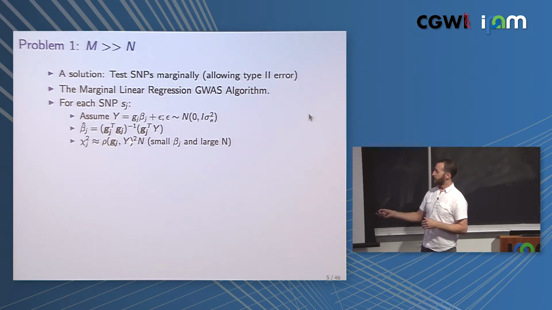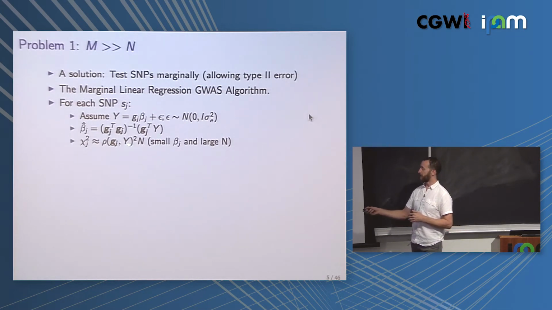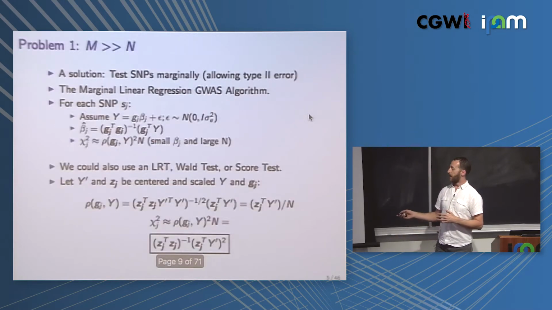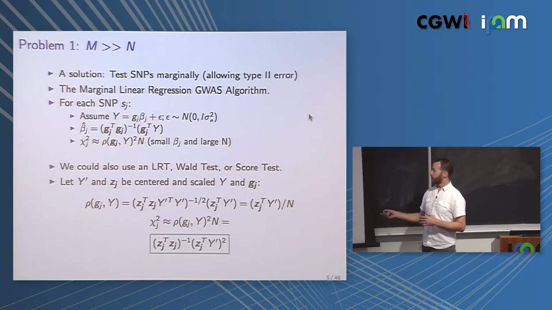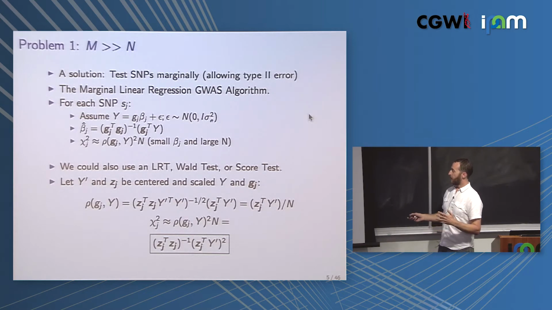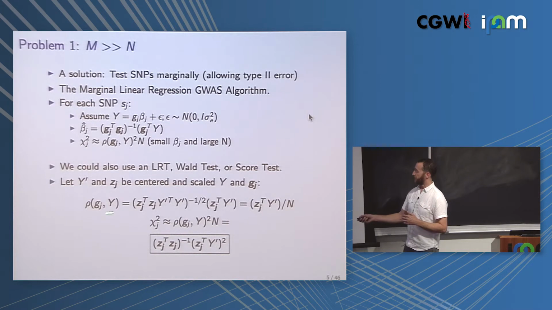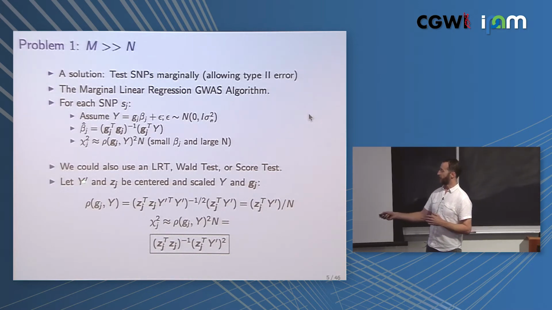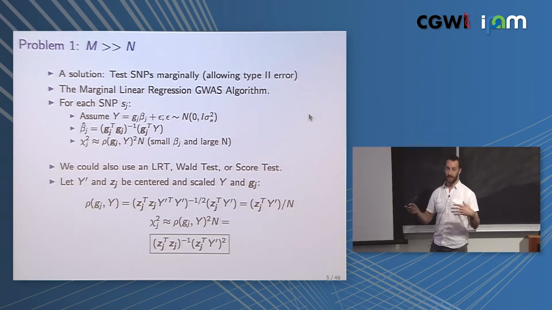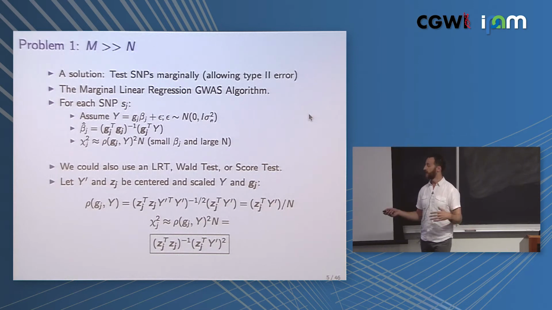There are lots of different score tests or test statistics we can compute. I'm going to talk about this one, the correlation between G and Y squared times the sample size. We could also do an LRT, Wald test, or score test, but this is going to help us think about linear mixed models. If we have this correlation between G and Y, and we let Y prime and Z_j be the centered and scaled versions of Y and G, we can rewrite the correlation this way.